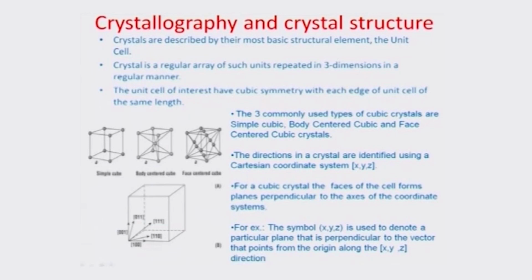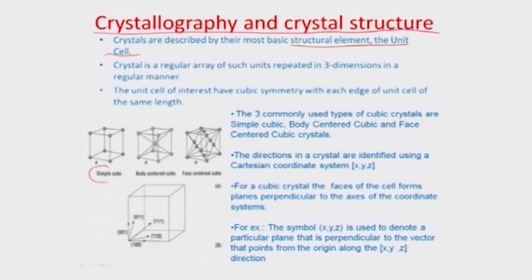And let us delve into a little bit of crystallography and crystal structures, especially for single crystalline silicon. Crystals are described by their most basic structural element, the unit cell, as most of us know, and it is a regular array of such units repeated in 3 dimensions in a very regular manner, which comprises a crystal. The unit cell of interest has, let's say, cubic symmetry, and each edge of this unit cell has the same length.